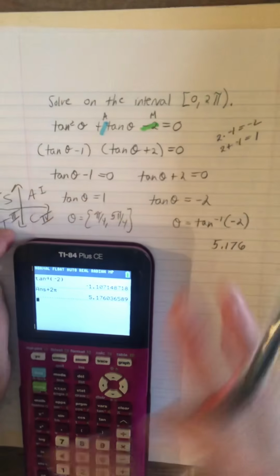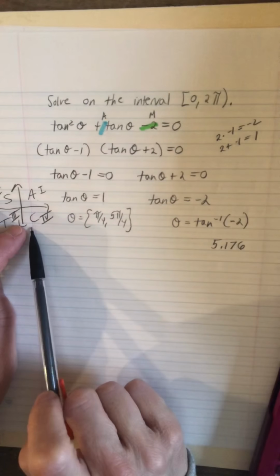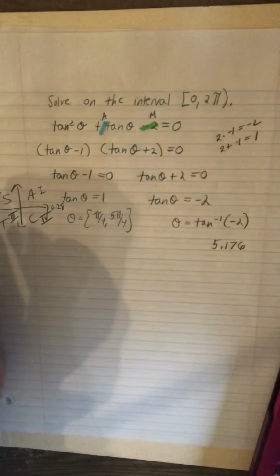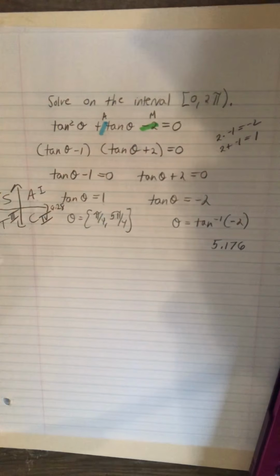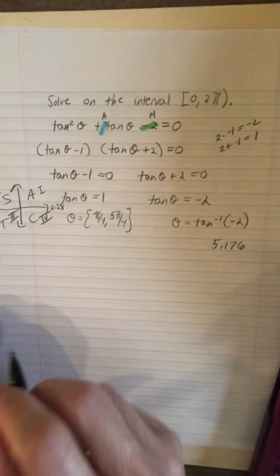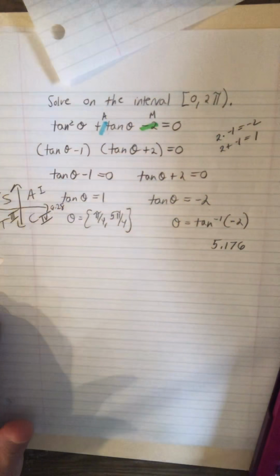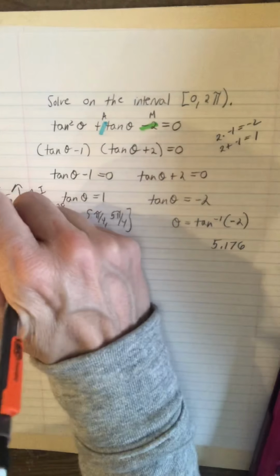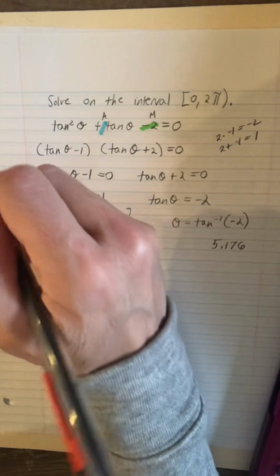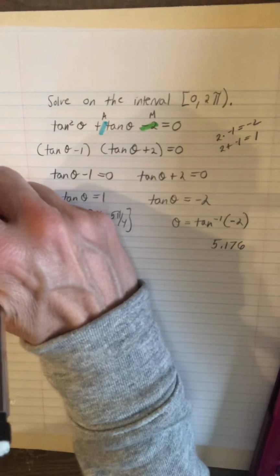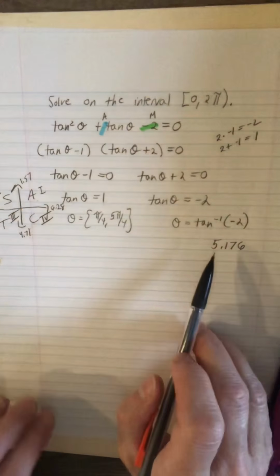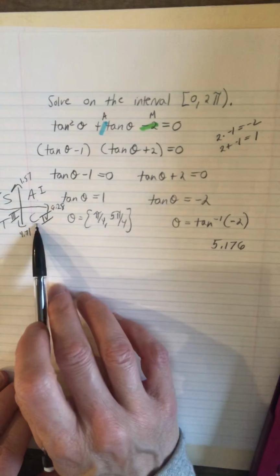That would be in quadrant 4, below 6.28. If we look at what I wrote on my other page, I had 6.28, 4.71 approximately, 3.14, which we knew, and 1.57. Those are approximations. I know 5.176 is in quadrant 4.